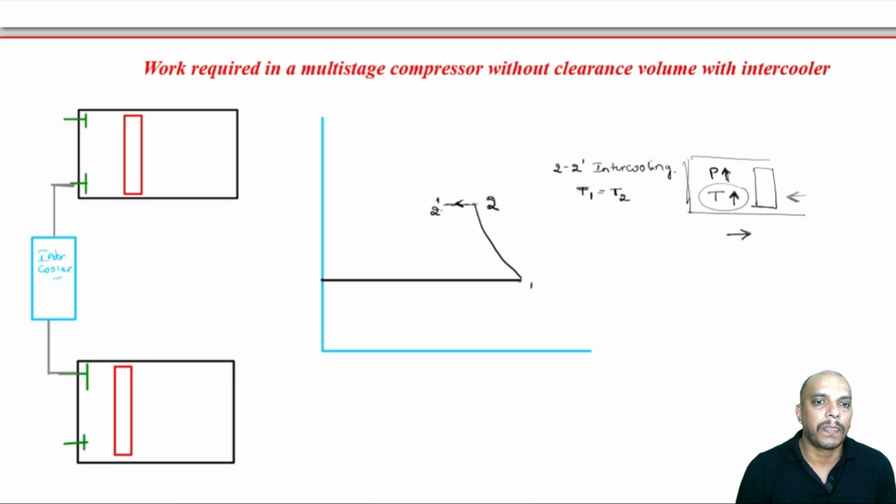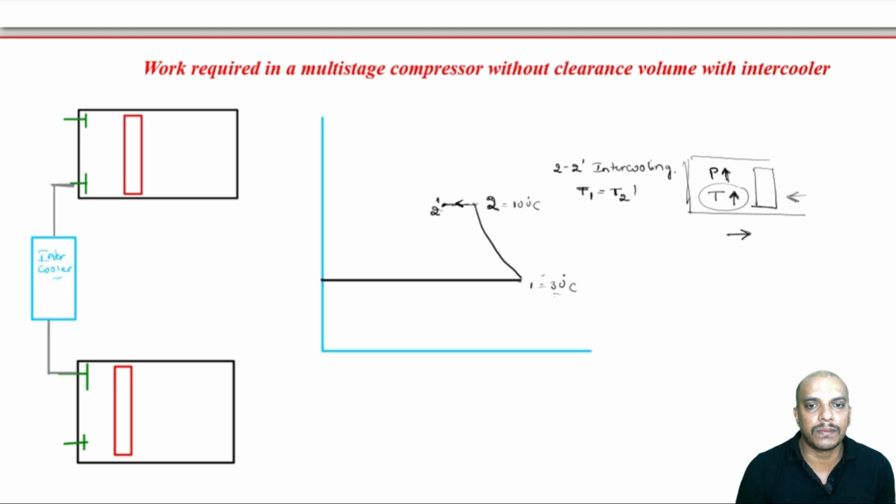If this is at room temperature 30 degrees Celsius, and after compression it becomes 100 degrees Celsius, how much can we bring this temperature down? If the intercooler is perfect, and we are circulating 30 degrees Celsius water around that intercooler, it should bring the temperature back to the same 30 degrees Celsius.